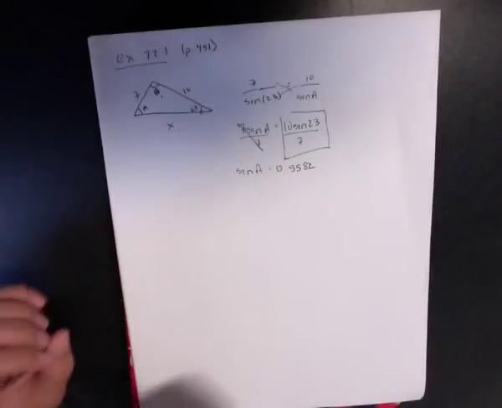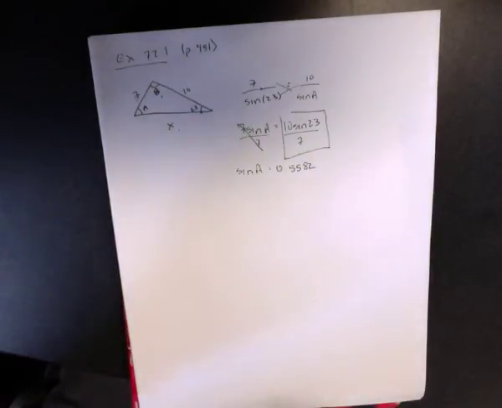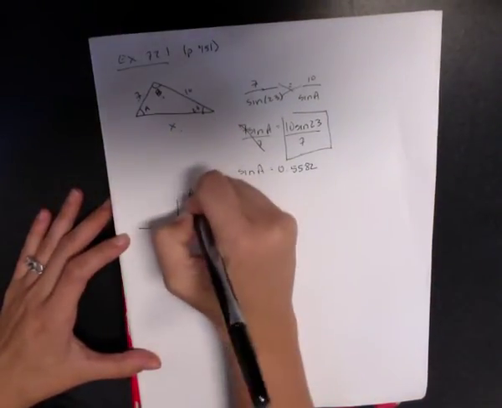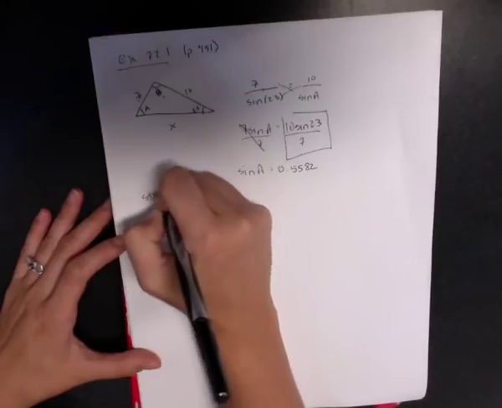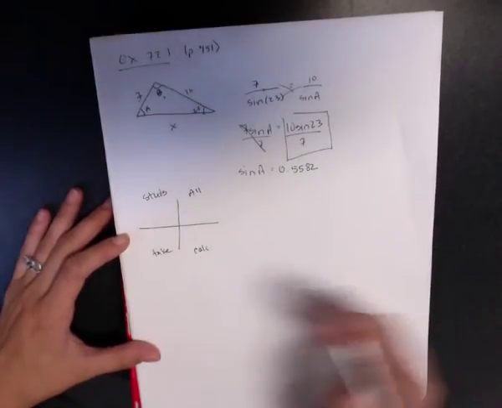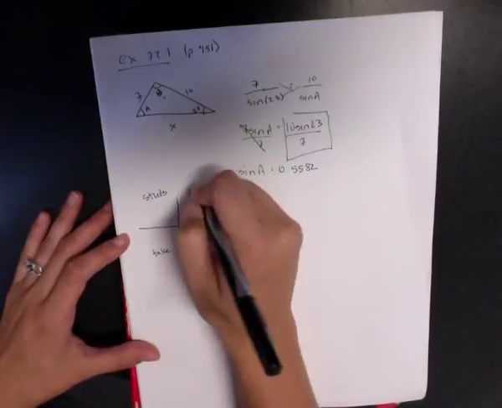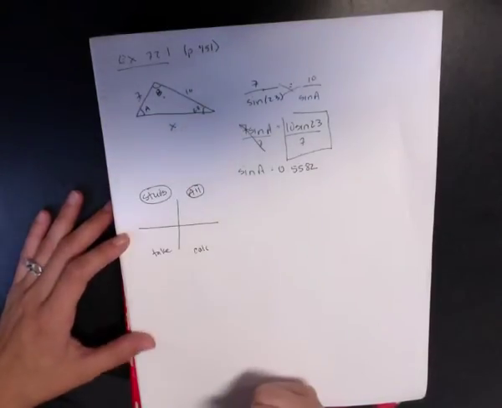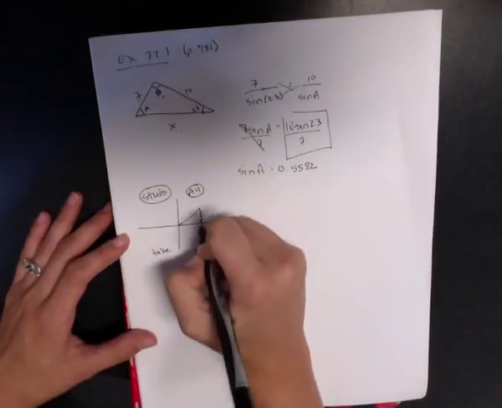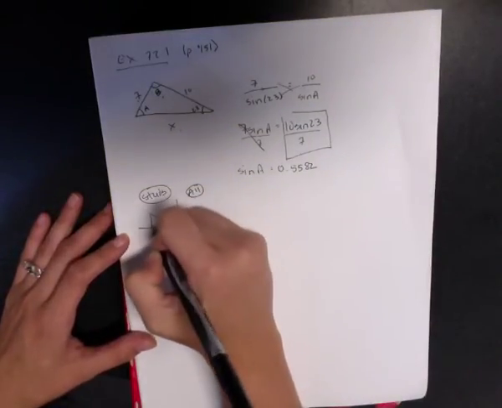Okay, now we have to go back and remember sine. We have all students take calculus: sine is positive in the first quadrant and the second quadrant. This is a positive term, which means I can have this angle here or this angle here.